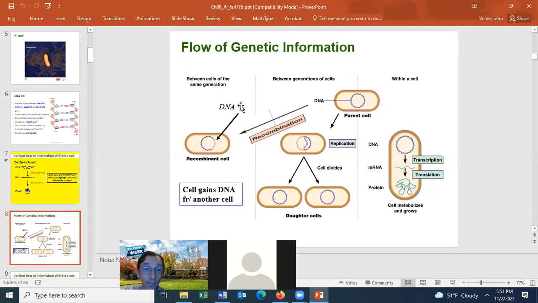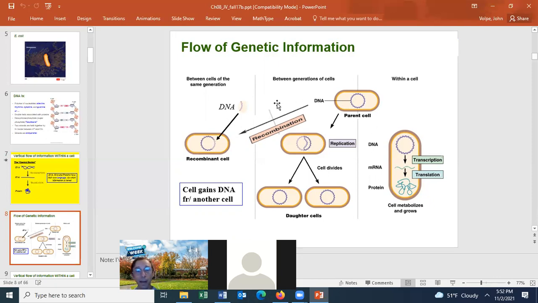The flow of information between cells of the same generation has the information flow out of one cell and into another cell that we call a recombinant cell. Usually the DNA comes out of this cell, like when this cell dies, and then there's free DNA, and the free DNA is incorporated by this recombinant cell, so that this cell gains DNA from another cell, which would be this cell.